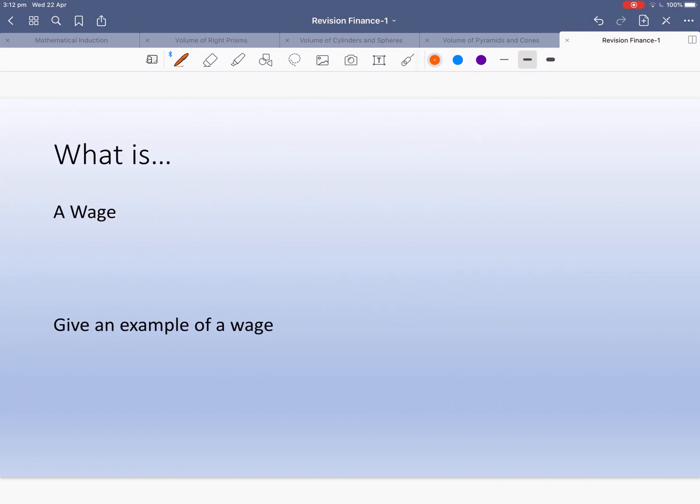All right, next one, a wage. Now, many of you may be earning a wage already. A wage is per hour. So you agree to do a job and you get paid per hour. So if I'm working at Macca's or a Porto's, you might agree to say, I'm going to earn $13 per hour. And it depends on how many hours you work, what you get paid.